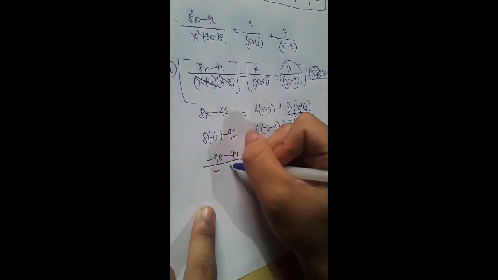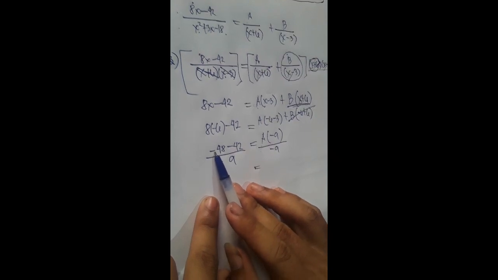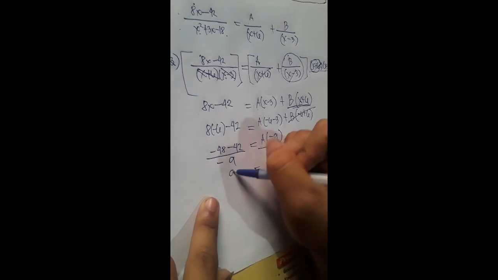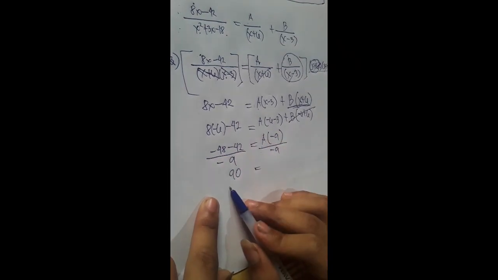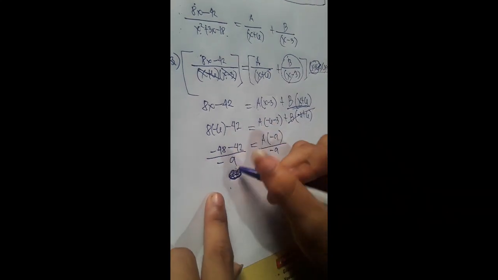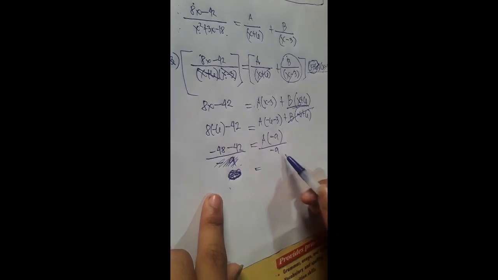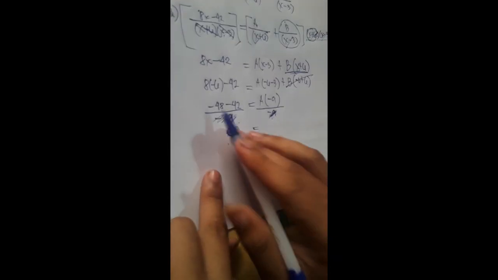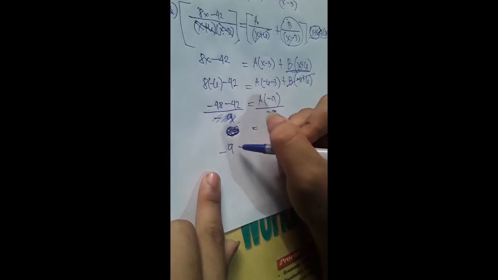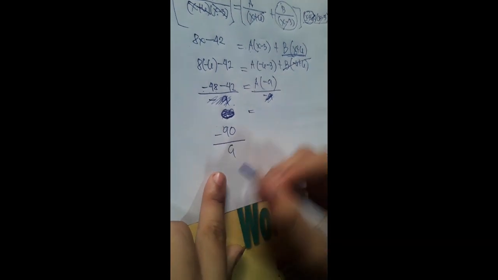Negative 48 minus 42, let's simplify this first. Negative 48 minus 42 will become negative 90 over negative 9.